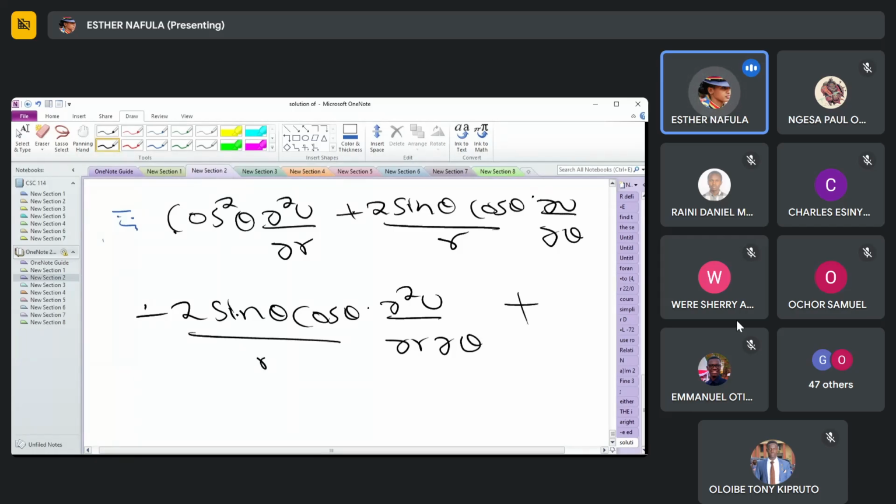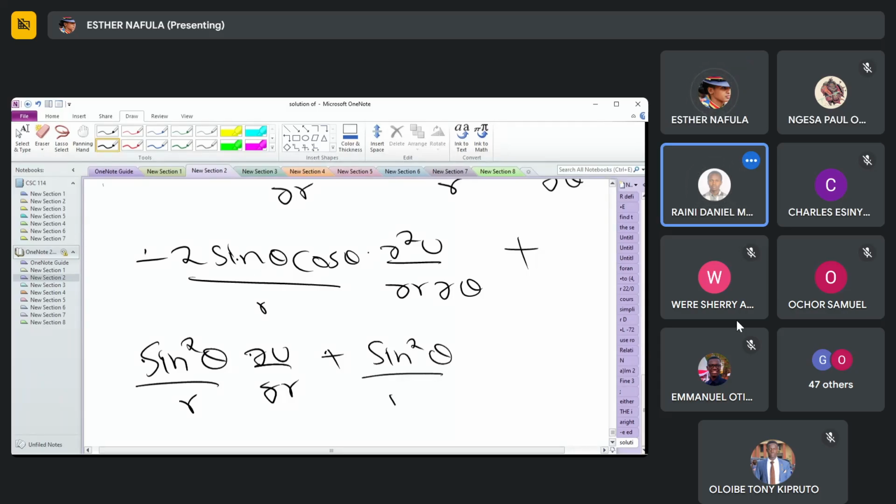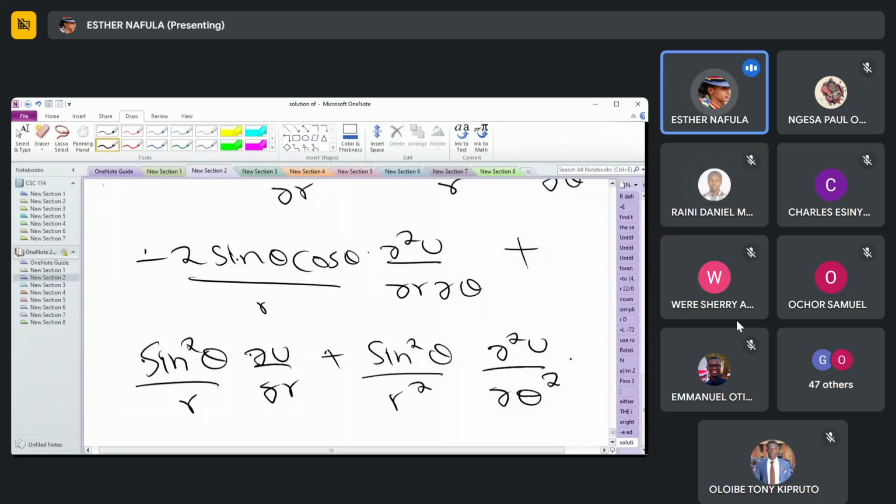Then the rest remain the same. Sine squared theta over r, partial u partial r. Plus sine squared theta over r squared, partial squared u over partial theta squared. So that's partial squared u partial x squared.